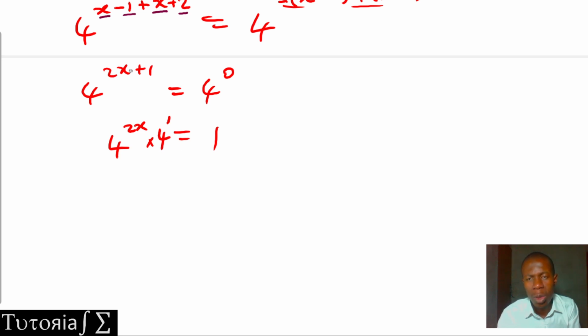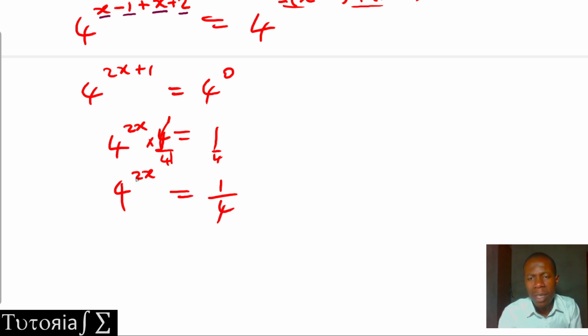So this is 2x plus 1, so the bases were multiplying here. So this can be written as 4 to the power 2x times 4. We can divide by 4 over 4. So this and this can cancel out. So that is 4 raised to the power 2x. Then this will divide over 4 over 4. So this and this goes. Then we're going to remain with 1 over 4 here, which is okay.